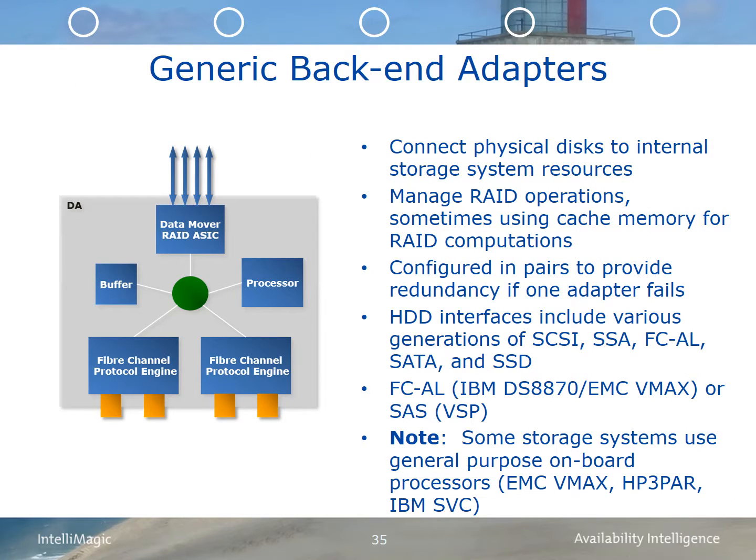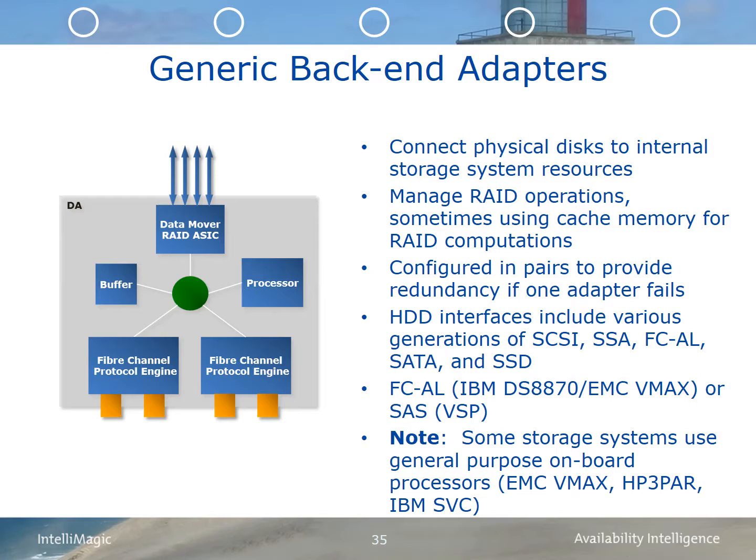So when we talk about the back-end adapters, we're of course talking about the components that connect the cache to the disk drives. The responsibility of the back-end adapters is to provide data movement activities, to provide RAID calculations, and that's accomplished through some logic that's embedded usually into a specialized chip or ASIC.